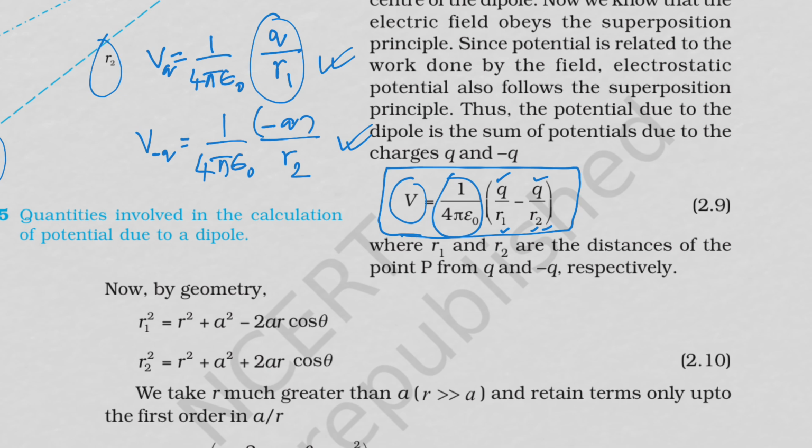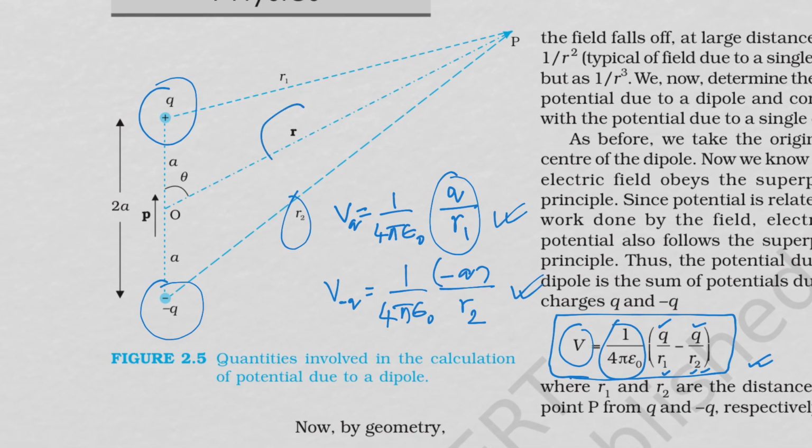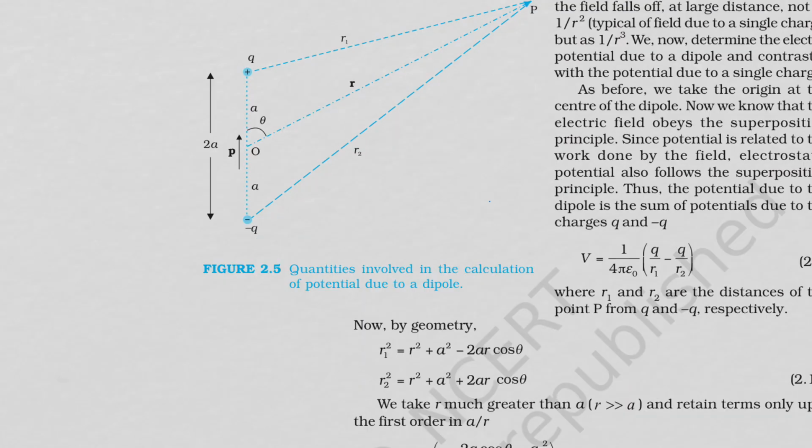Up to here it is very easy to understand the potential at a point P due to a dipole. But then we have to figure out how to get rid of r1 and r2, and instead use r for the final formula. There are other ways of arriving at the solution, but we will stick to the NCERT, and it is really interesting to see what they have used.